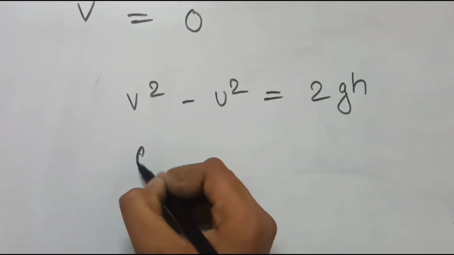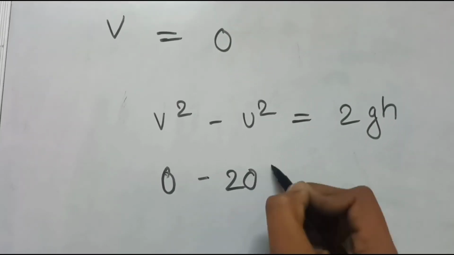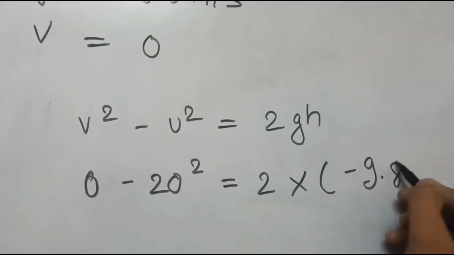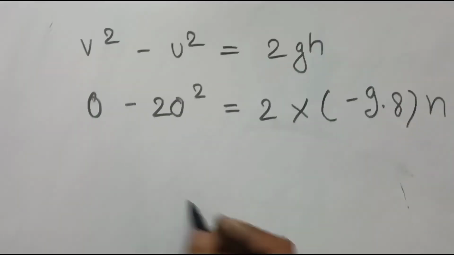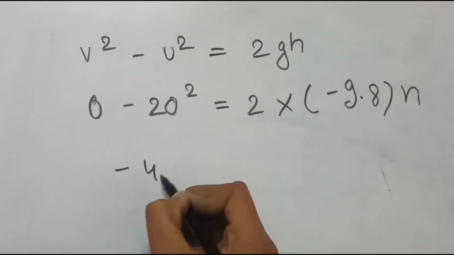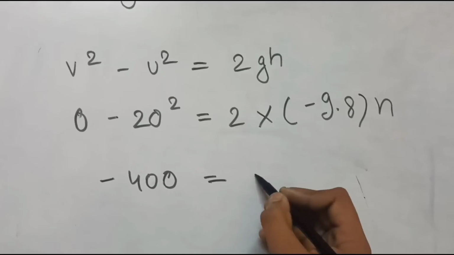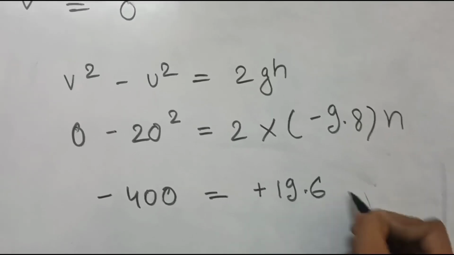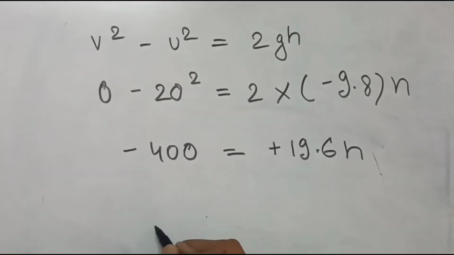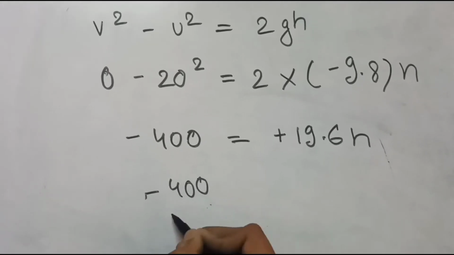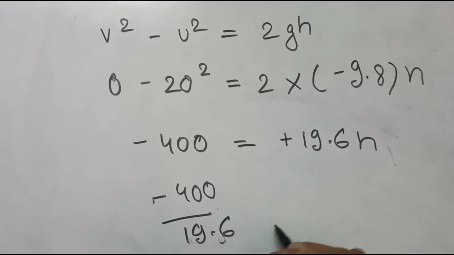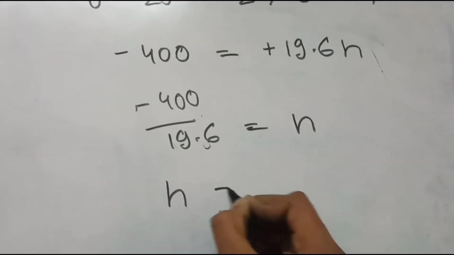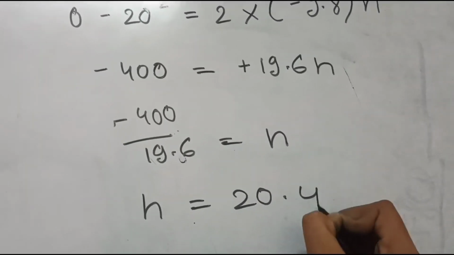So v square is 0 minus 20 square is equal to 2 into minus 9.8 into h. So minus 400 is equal to minus 19.6 h. So minus 400 divided by minus 19.6 will be equal to h. So the maximum height it will attain is 20.4 meters.